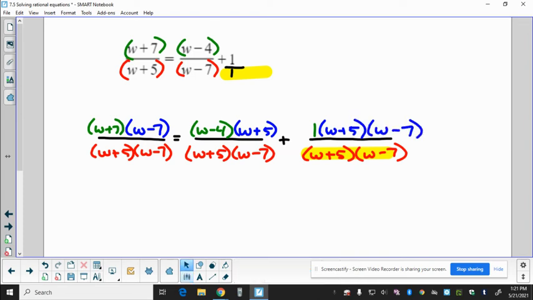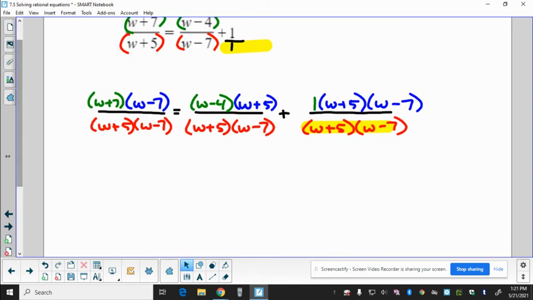Okay, now, got a little bit of work to do here. I'm thinking we could do some FOIL methods ahead of time. So I'm going to do these mentally here. This will be w squared. The middle terms will cancel out, minus 49. That's the new numerator. Here, w squared, I'll have a minus 4w and a plus 5w.